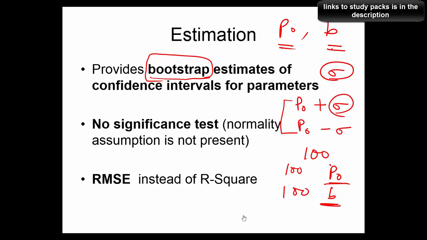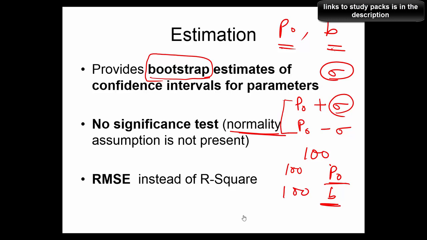What about the significance test? Well, there is no normality assumption, much like your linear regression. So you will not need to confirm that the error term is normally distributed.